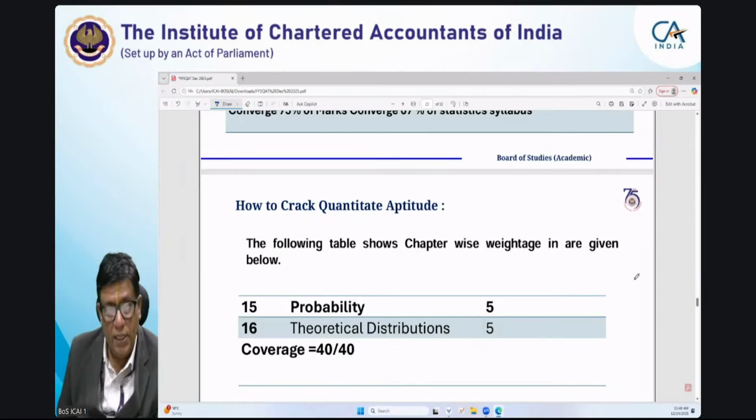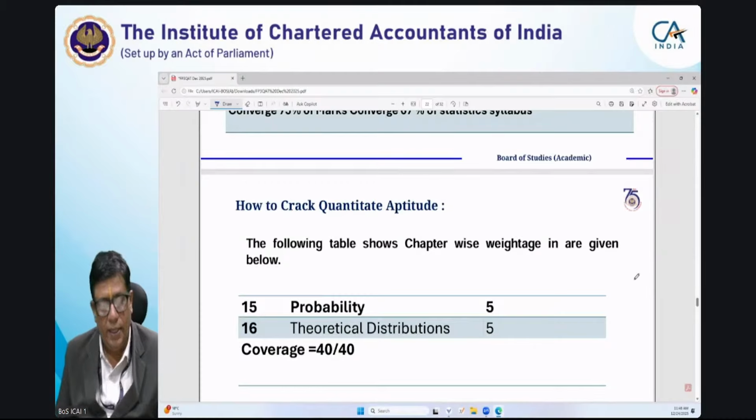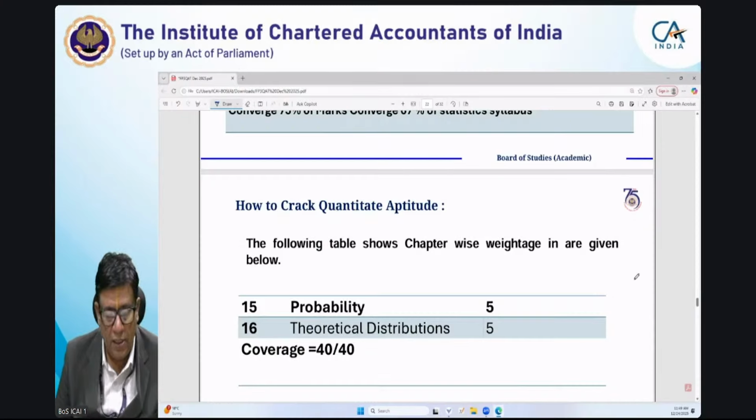And theoretical distributions are categorized into two: discrete distributions and continuous distributions. In the discrete distribution, binomial and Poisson distributions are there. In the continuous distribution, normal, t and chi-square are there. But as far as the syllabus is concerned, only the normal distribution is covered.